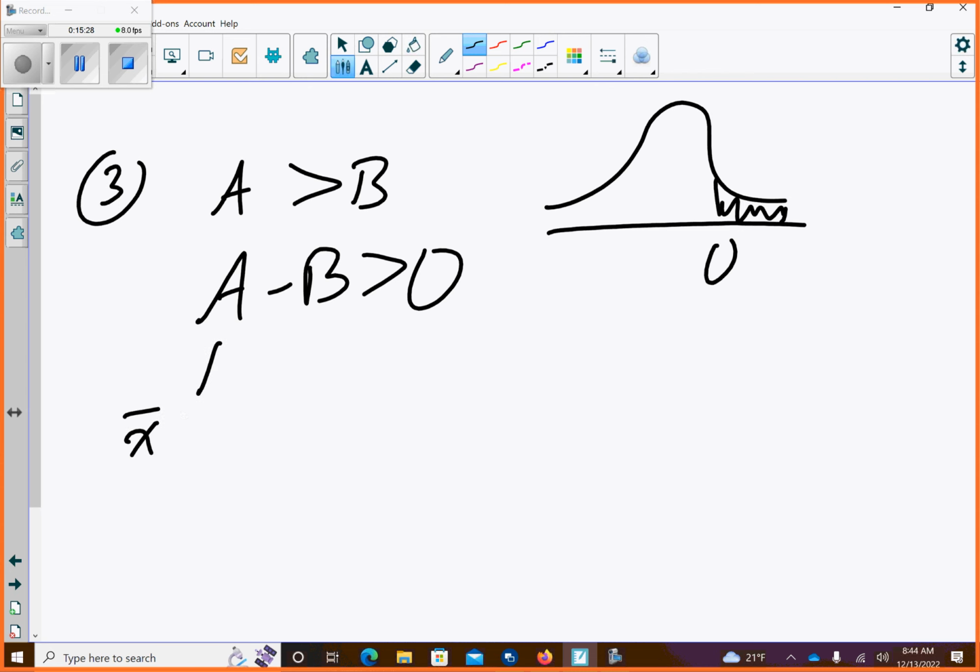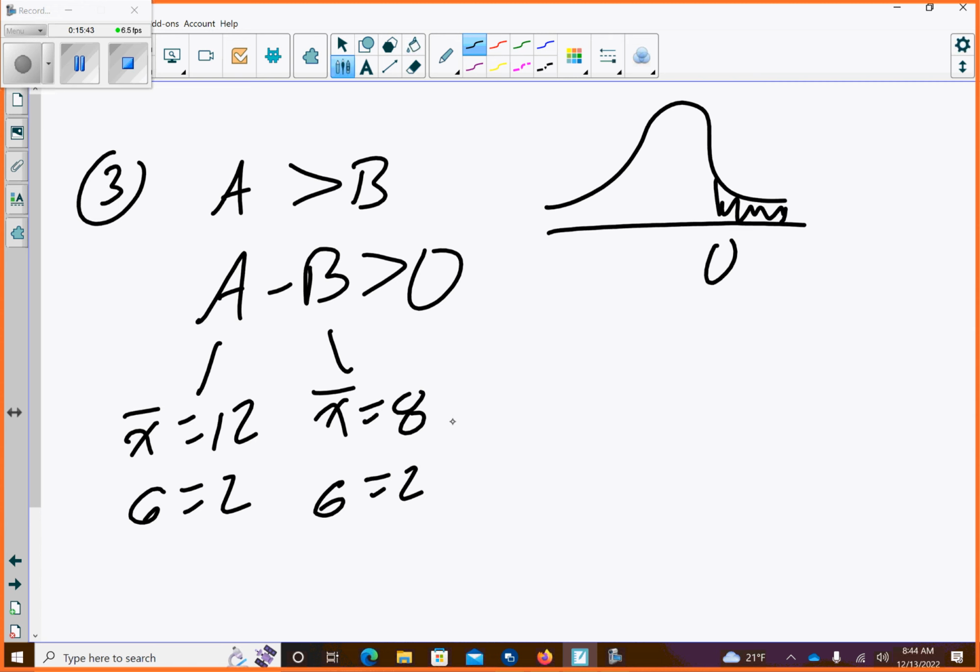So task A has a mean of 12, standard deviation of 2. Task B has a mean of 8 and a standard deviation of 2. So if I go 12 minus 8, this will be the mean we're looking for. So this is the mean that we're going to plug in.